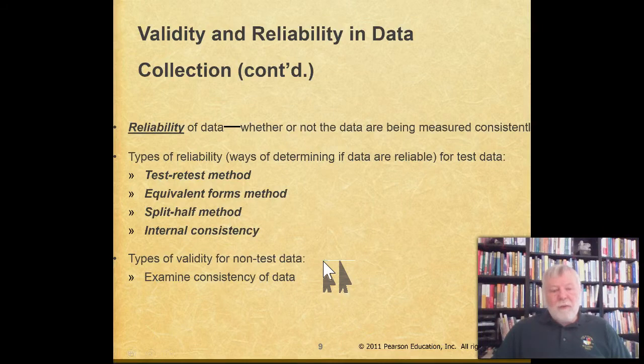You also are very familiar with equivalent forms. There's a form A and a form B. For a test to be good, we should get the same or close to the same results on the forms that we use.